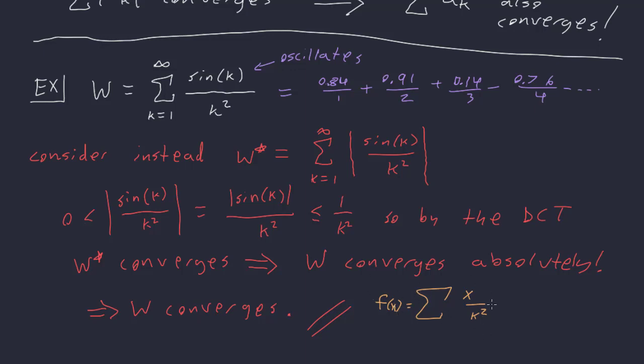This is a bit of a spoiler alert, but what we look at instead is the absolute value of x. That way we don't have to worry about x's being positive or negative. We look at that series and see where it converges absolutely, and then that will tell us where the original one also converges.